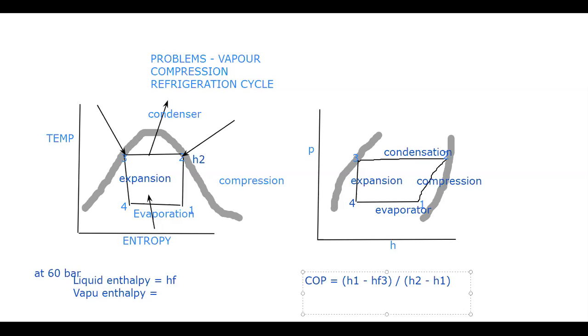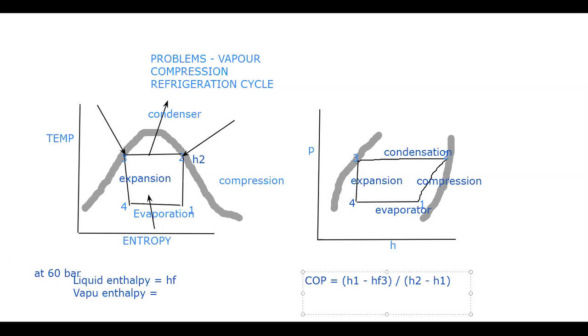So every minute I am extracting 610 kilojoules per minute from the system. My refrigerator is doing so much heat extraction per minute. Now, how to convert this into tons of refrigeration? That is what we need to do at the end.